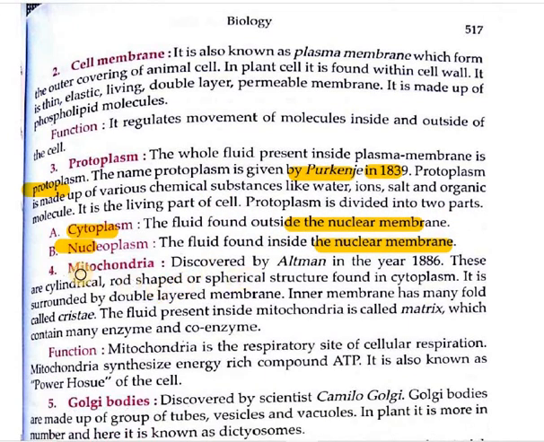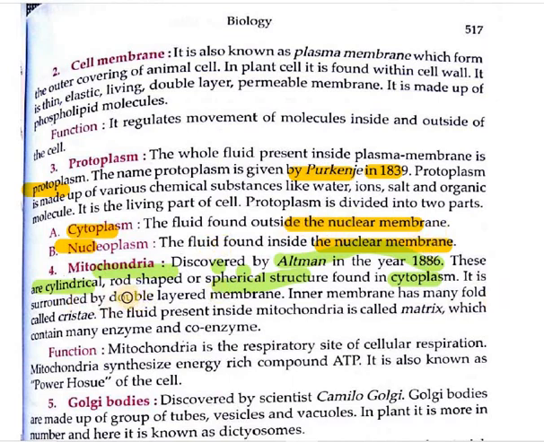Mitochondria, discovered by Altman in the year 1896. These are cylindrical, rod-shaped, and spherical structures found in the cytoplasm.